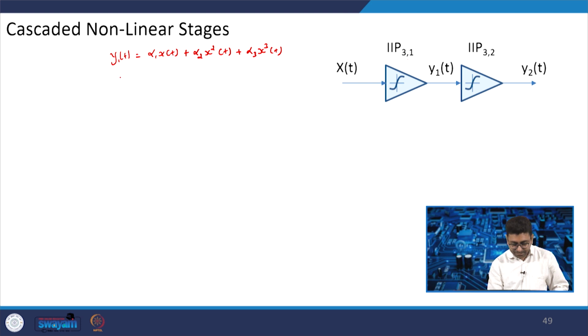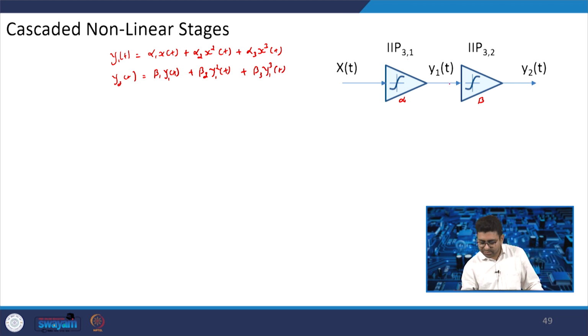Then y2(t): if the gain of the first stage is denoted by alpha, and this gain is denoted by beta, I can write beta 1 y1(t) plus beta 2 y1 square t plus beta 3 y1 cube t, because the output of the first stage is the input for the second stage.